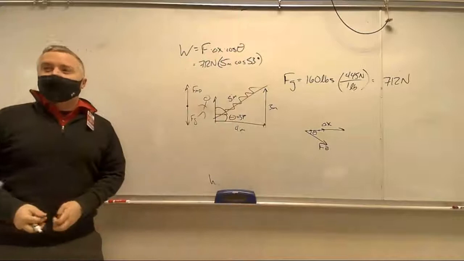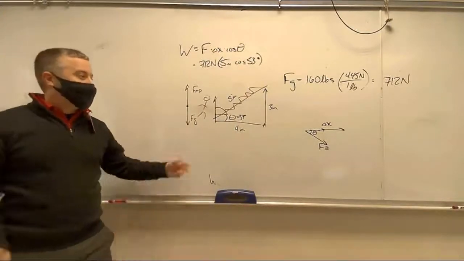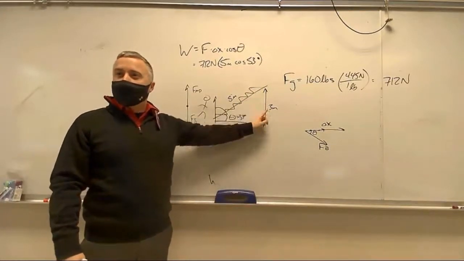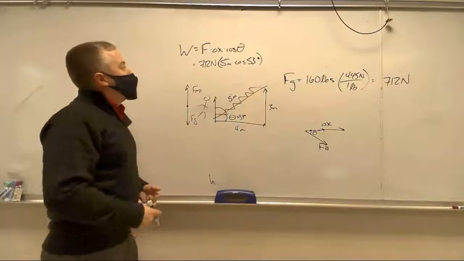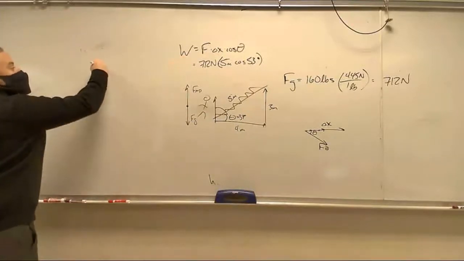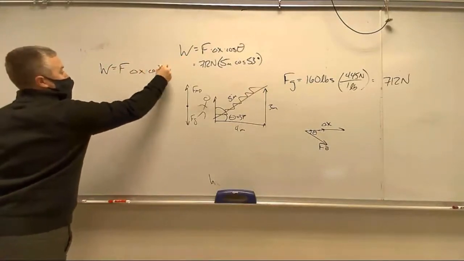What is 5 meters cosine of 53? So did we really need to do all this work to know that the force goes 3 meters in the same direction here? So let me change this equation. Basically, its full equation is F times displacement times cosine theta.